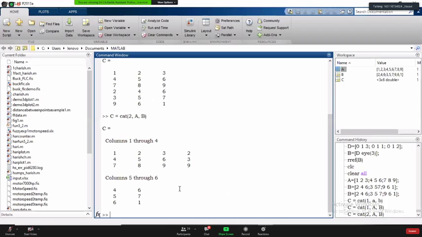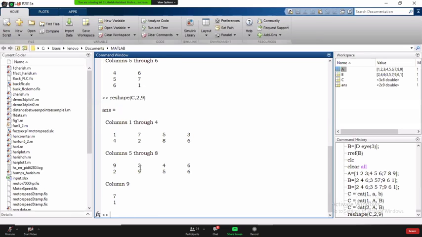Reshape of C, comma 2 comma 9. So what is it going to do? It is going to make 2 rows, 9 columns, right?